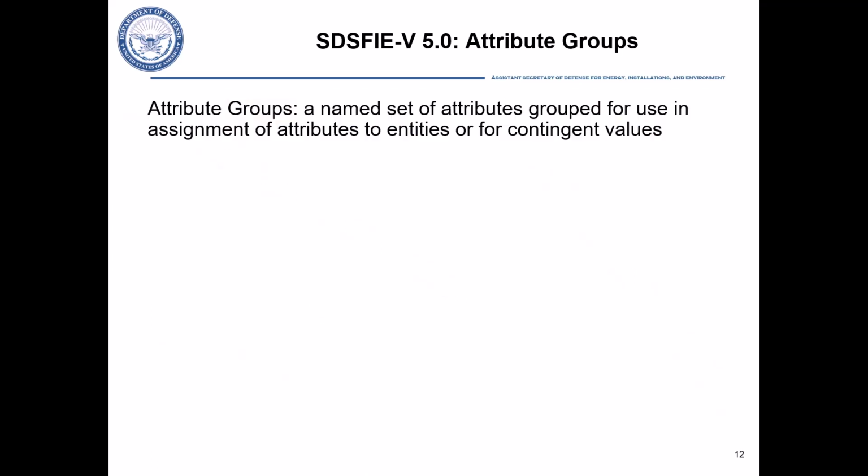Next up are attribute groups, a named set of attributes grouped for use in assignment of attributes to entities or for establishing contingent values. With respect to assigning groups of attributes to entities, there are several examples that will be employed at the gold level and should be leveraged by components for entity extensions.